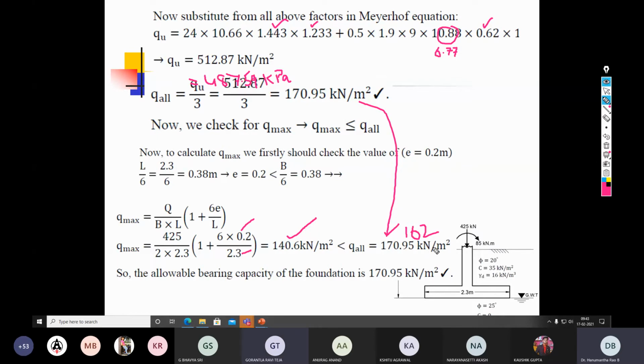Sir, that formula is plus or minus 6E by B, no sir? Correct. If you put plus, you will get the Q max. No sir, I am saying 6E by B sir, not L sir. Here the eccentricity is in the 2.3 meter direction. No sir, even then also I think so.